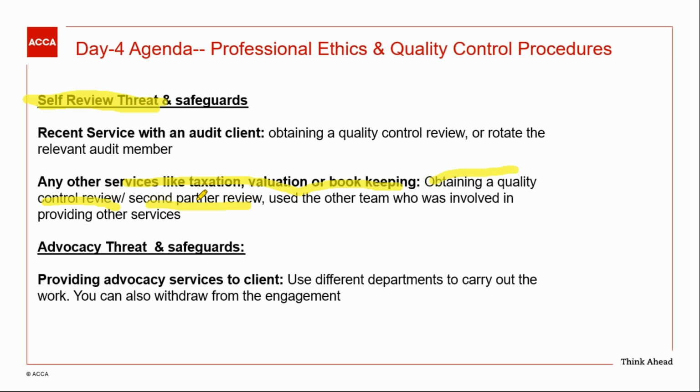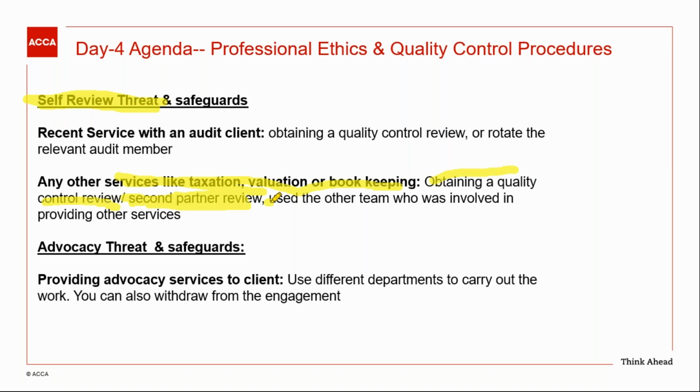We can have the audit work reviewed by a second partner who is not involved in providing the other services and who is purely independent in relation to the audit client. A second partner review will reduce, or minimize, the threat.